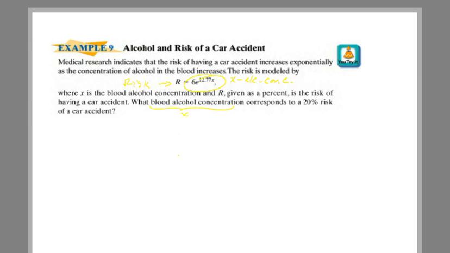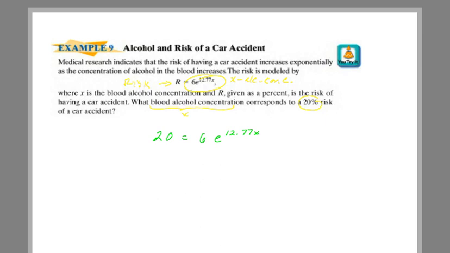We want to find x when we know there's a risk of 20%. Make sure you put the 20% in the right place. It's going to go in place of R. So 20% is equal to 6e to the 12.77x. x is what we're trying to find, the blood alcohol concentration.